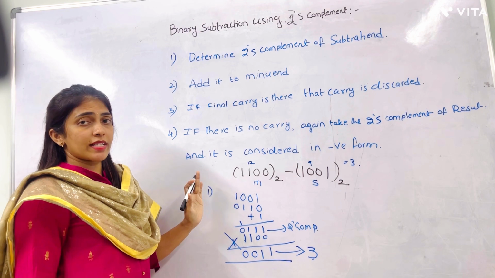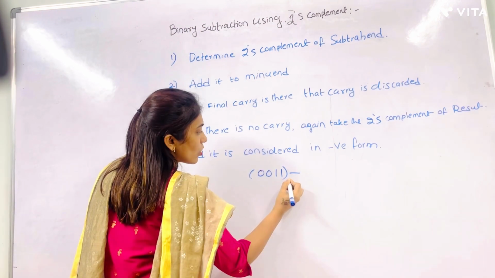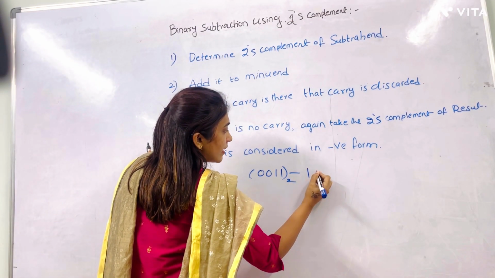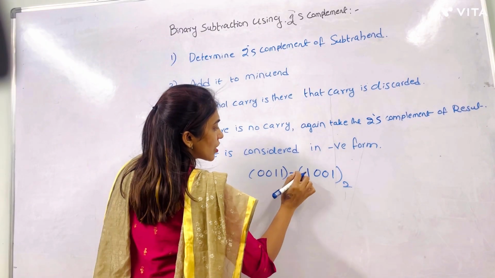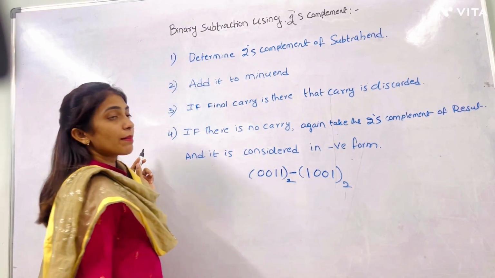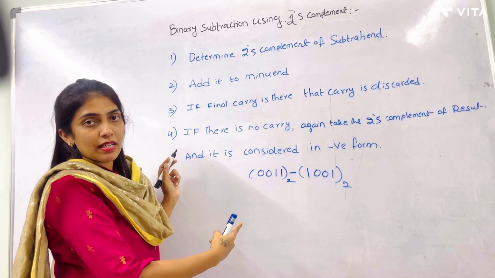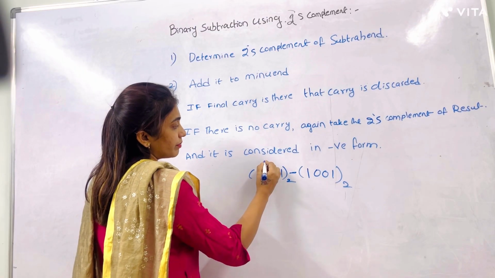We'll take one more example. 0011 base 2 minus 1001 base 2. So this is the question, subtraction using 2's complement. First we'll take decimal subtraction. 0011 means 3, right?